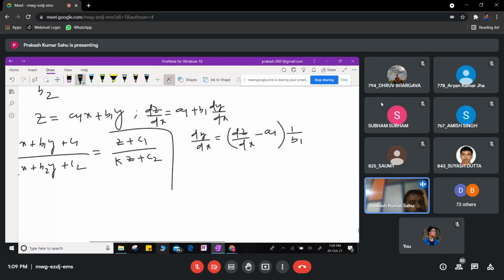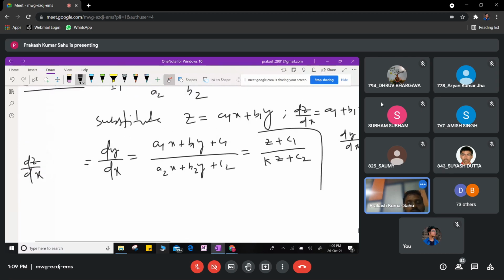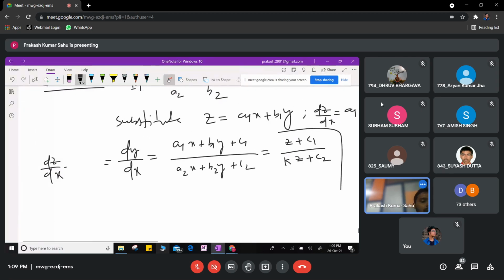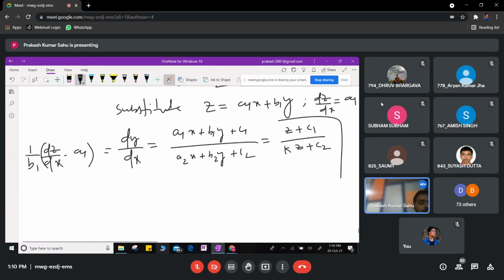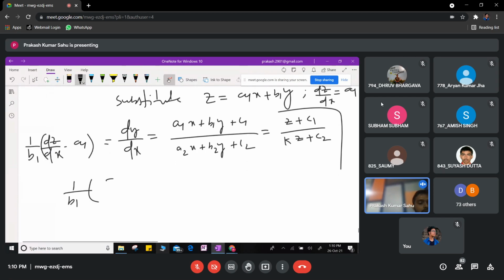And a1, b1 are constants. So now 1 by b1 whole into dz by dx minus a1 is equal to z plus c1 divided by some constant into z plus c2.